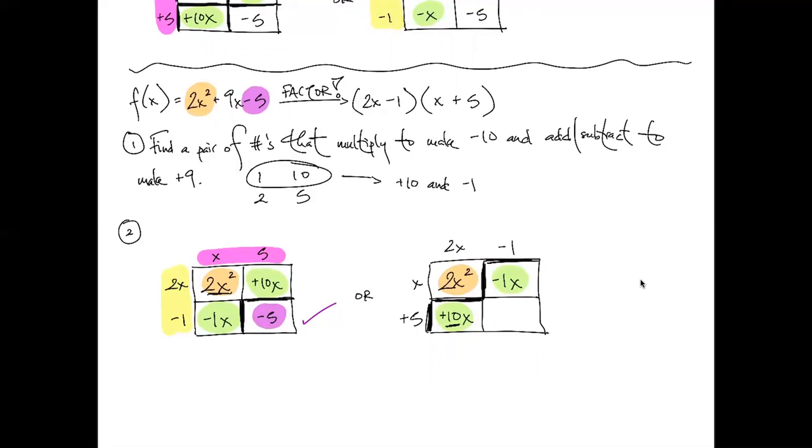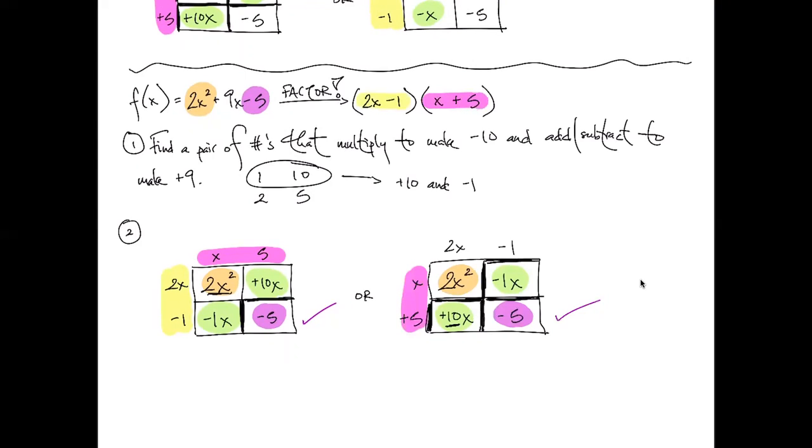And I'm going to check by doing 5 times -1, that gives me -5. And I'm really happy to see this -5 because that's the same as the last term in my original. And so we could write our answer as 2x minus 1 times x plus 5.